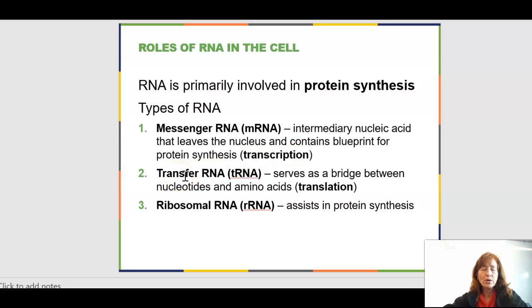We have something called transfer RNA, which we'll look at pretty soon in coming chapters, which is something that's going to help to translate that code. And then we have ribosomal RNA, and this is the type of RNA that is going to be involved with actually putting those amino acids together. So that's ribosomal. So these are the three main types of RNA that we're concerned with.